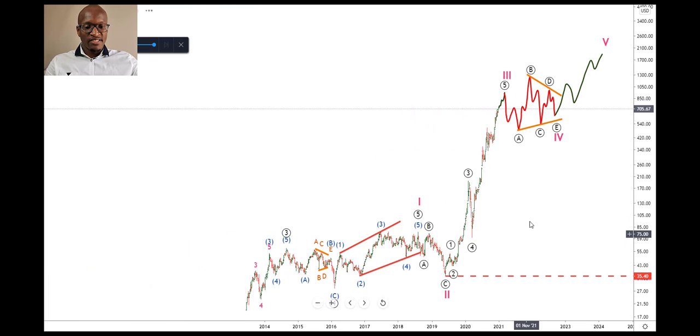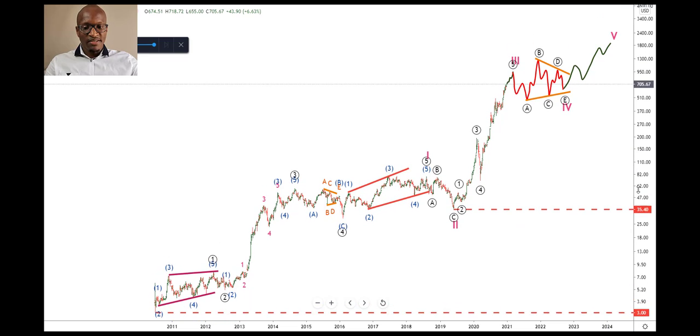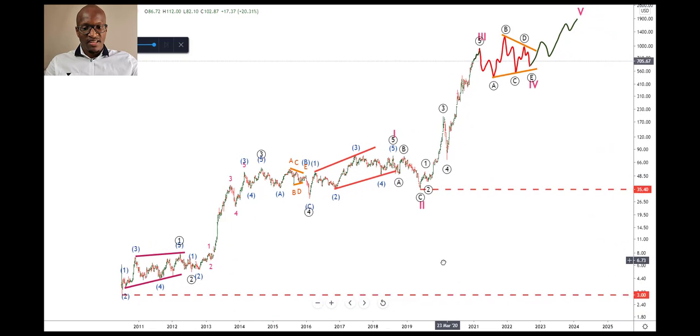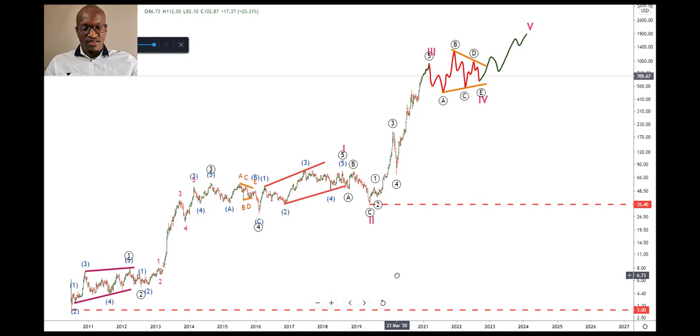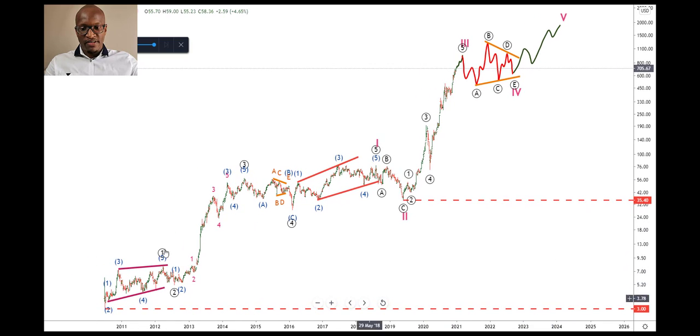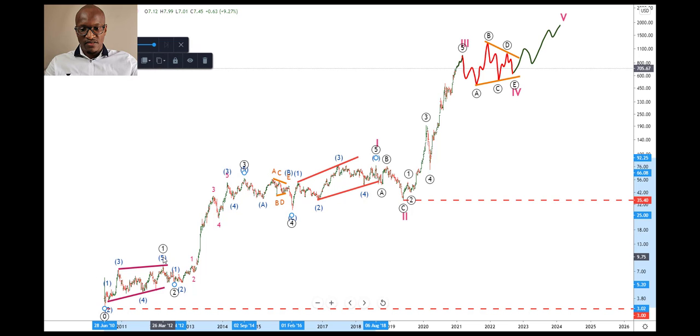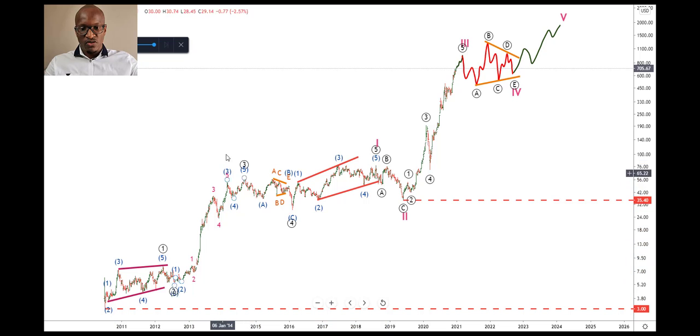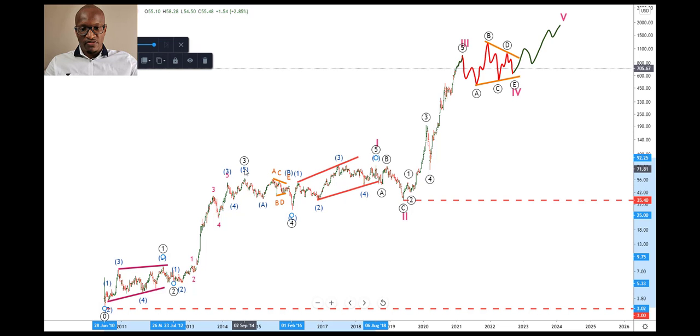And if we now look at this chart holistically, I'll just clean it up a bit. We've got wave 1, we've got wave 2, and here's our wave 3. Just make it a bit neat.